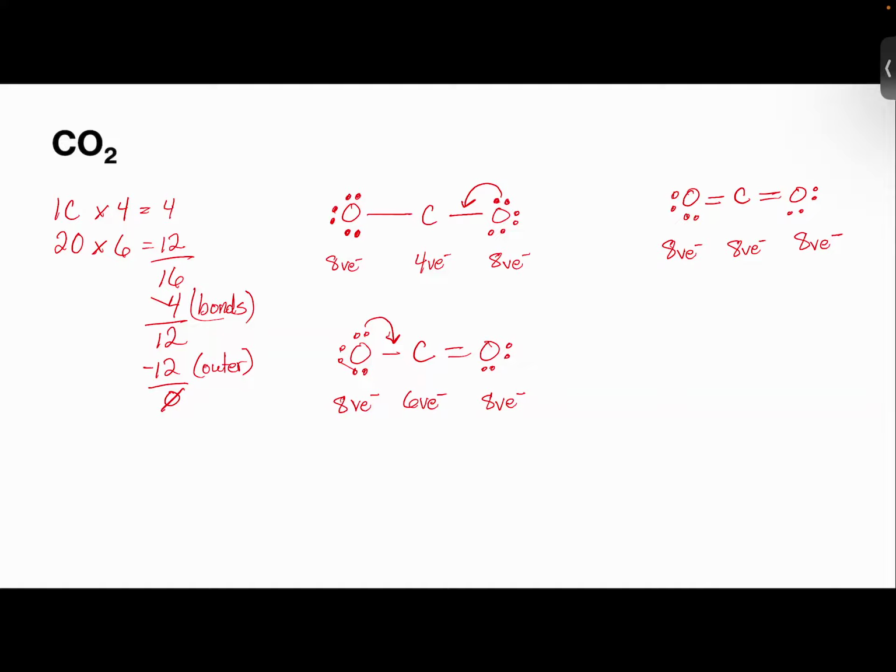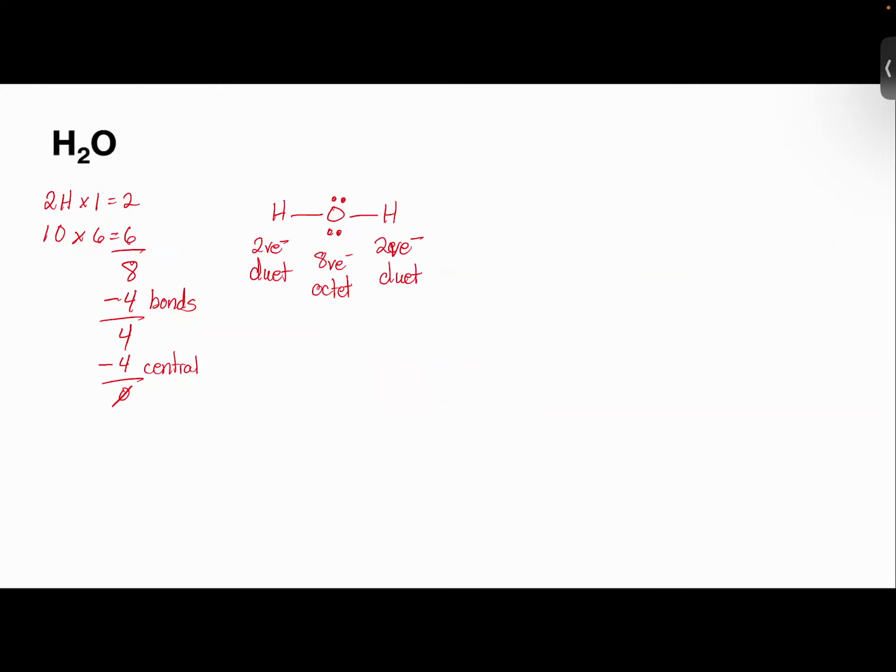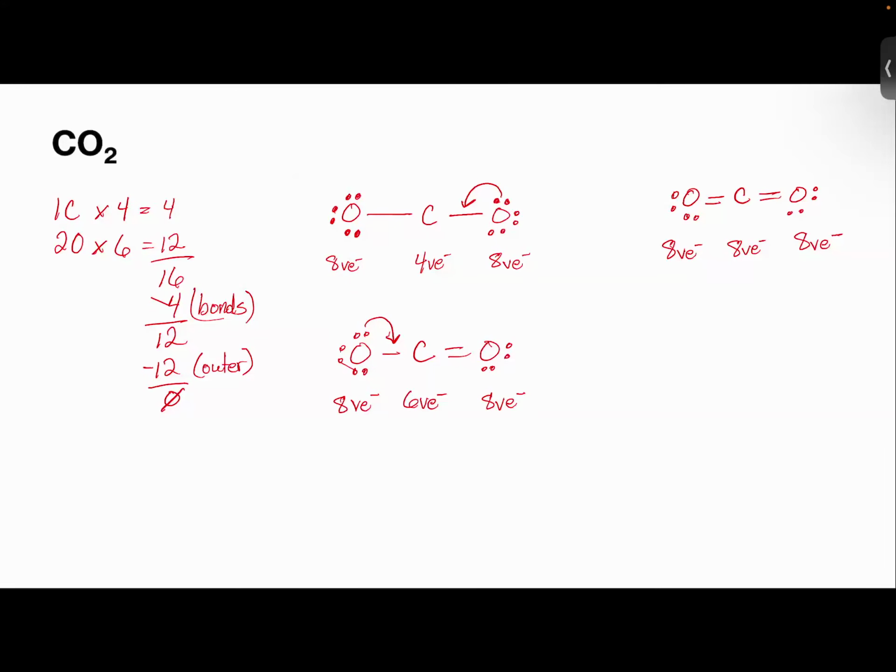Now, we can prove that chemistry-like symmetry. Just for example, let's say that we came up with this structure instead. Why is this structure bad?